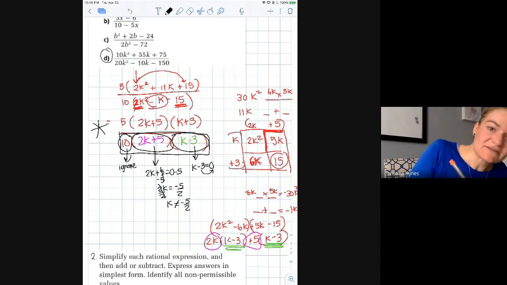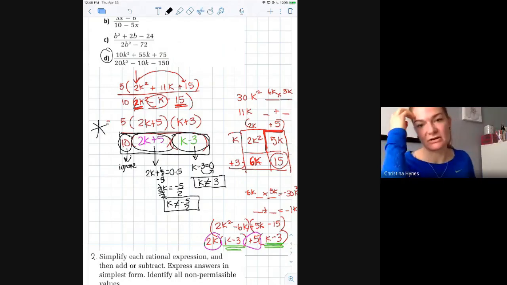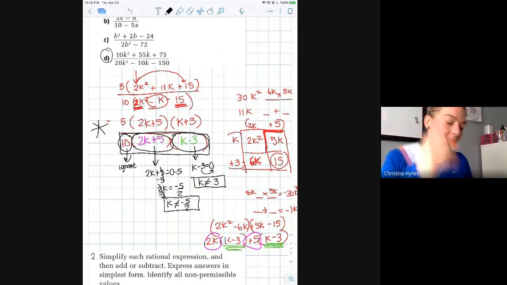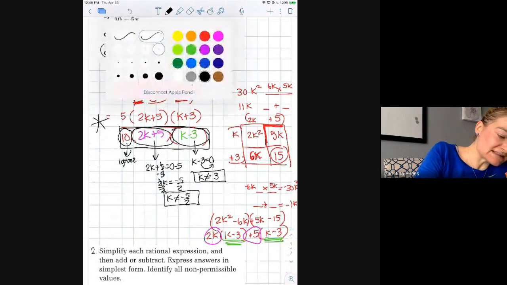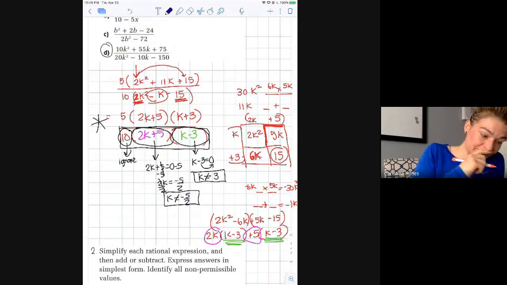And then here you just have to move over the negative 3 to get that k is not allowed to be equal to positive 3. So that's how you get non-permissible values. They come from the denominator, okay? Once you have your non-permissible values, now you're going to cross things off. You can cross off the factors that are identical at the top and bottom.